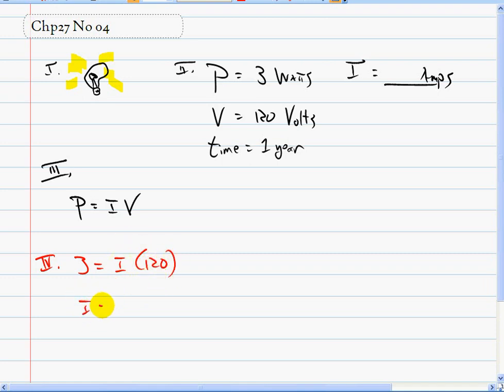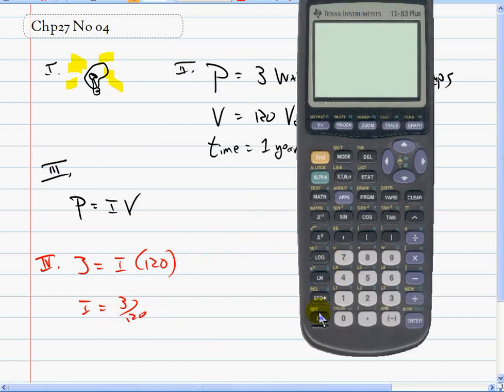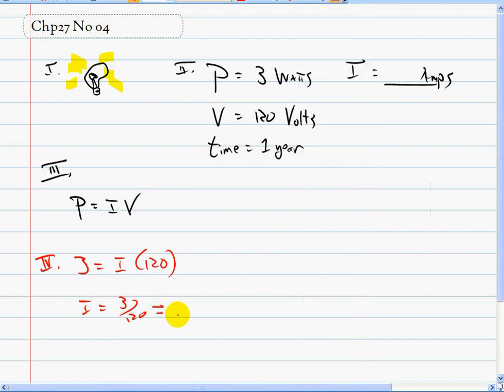So the current's just going to be simply 3 divided by 120, because a night light doesn't really draw a lot of current. It's just a little tiny bit of current to keep this thing running. So 3 over 120 is simply going to be 0.025 amps. So that's part A. We got our first answer there.